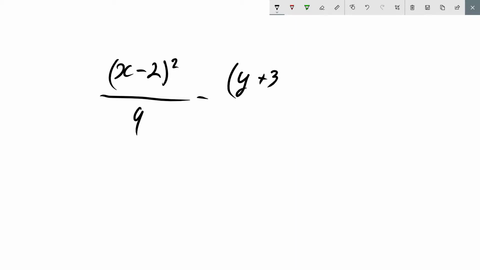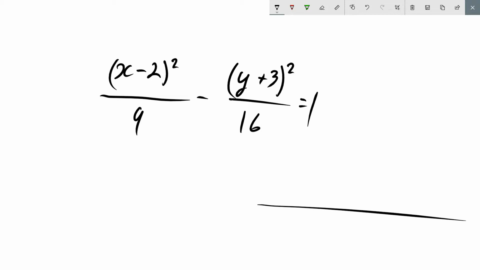So let's do an example without the directrices, just focus on the asymptotes and the sketching part. So x minus 2 squared over 9 minus y plus 3 squared over 16 equals 1. If we were to sketch this, we need to find our h comma k.